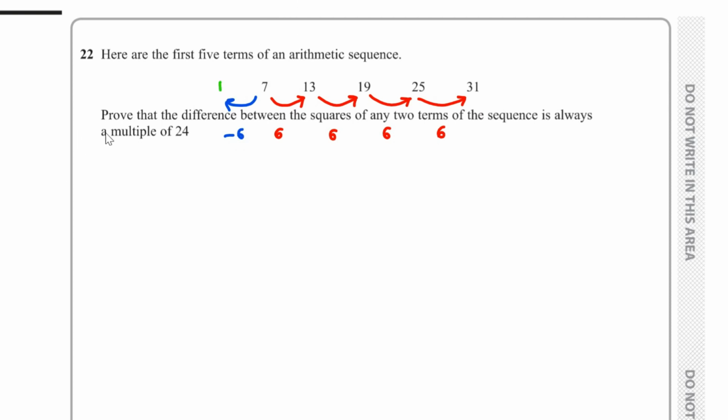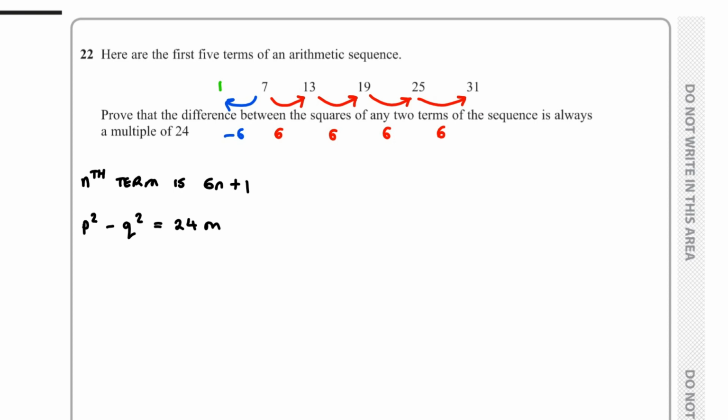So therefore the nth term here is 6n plus 1. Now we need to find the difference between the squares of any two terms of the sequence, and we want to show that this is a multiple of 24. So what this means is p squared minus q squared is equal to 24m.